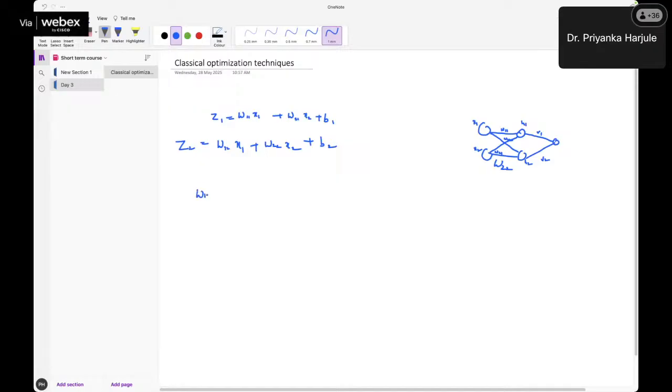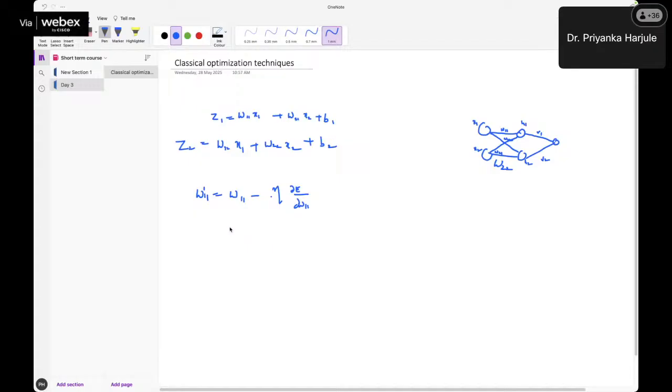So W11 dash will be updated as W11 minus eta times del E upon del W11.